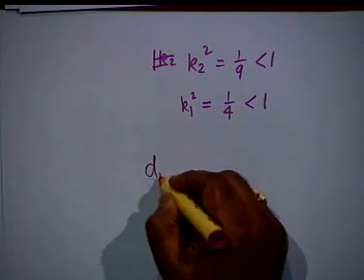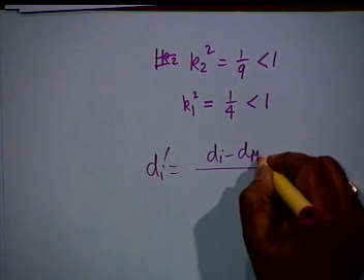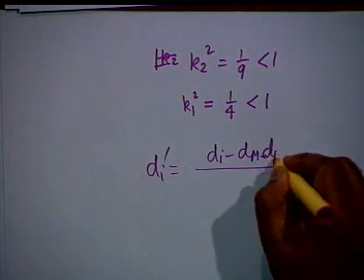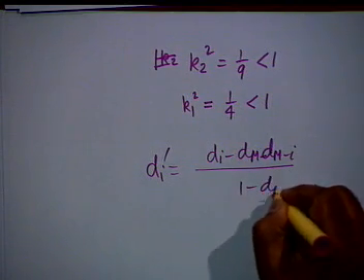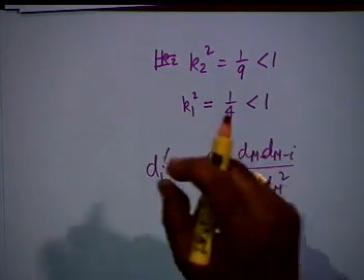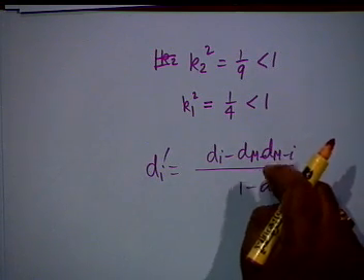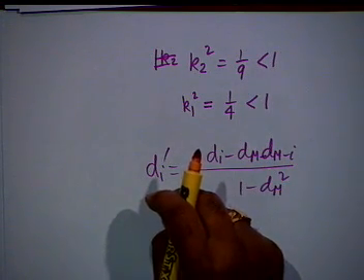Okay. Number 2, this di prime equal to di minus dm minus i divided by 1 minus dm squared, you can write a very simple program to compute this, and all you have to do is change m, and you have to keep track of the primes.